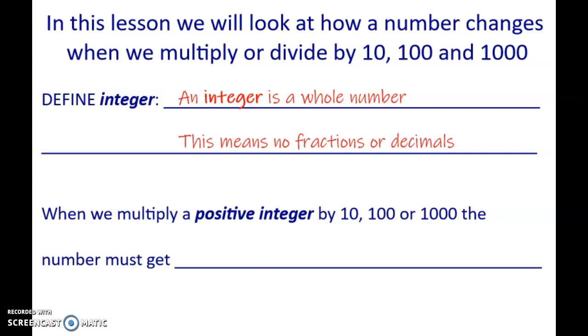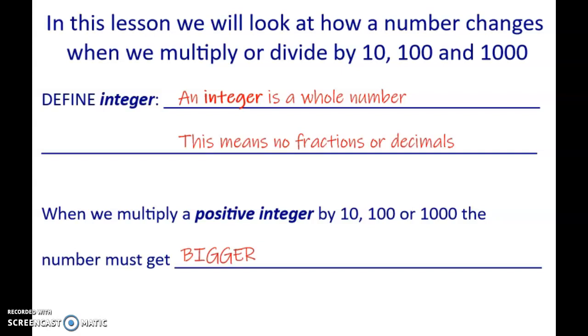So 1.5 or 5.2 is not an example of an integer. So, when we multiply a positive integer by 10, 100 or 1000, the number must get what? Bigger. Did you get that right?